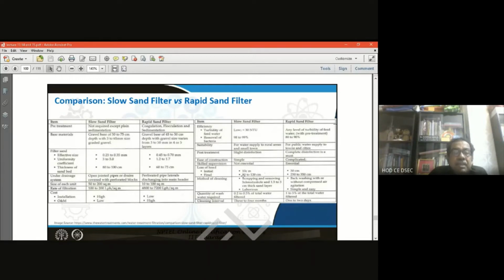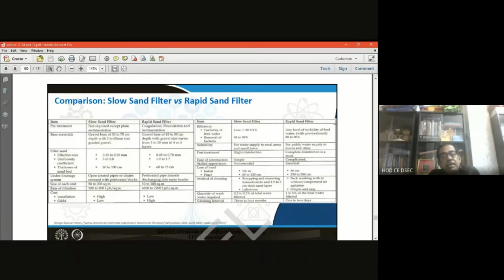Now the actual filter media, the sand. I just want to give you the specification of the sand in case of slow sand filter and what is the difference with the rapid sand filter. In case of slow sand filter, the effective size of the sand is 0.25 to 0.35 millimeter. In case of rapid sand filter, 0.45 to 0.7 millimeter is the effective size. Why?